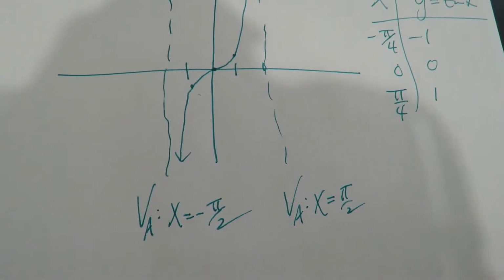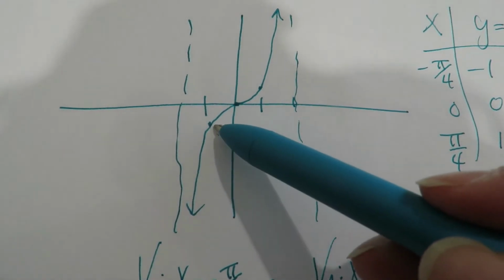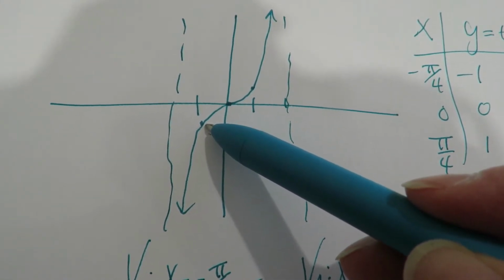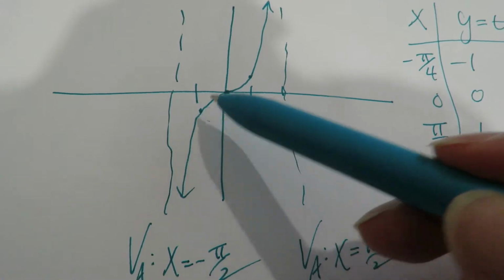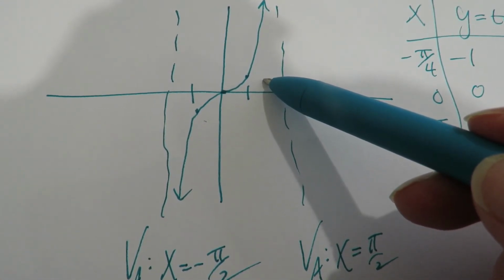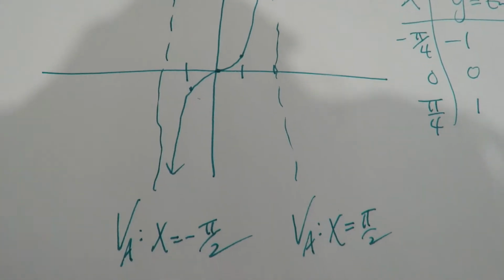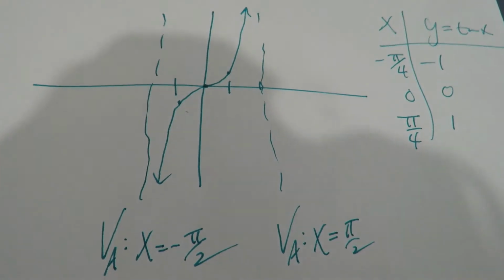So we've got VAs at negative pi over 2 and pi over 2. So kind of how you want to think about the table is at negative pi over 4, you have negative 1. You have 0, 0, and you have pi over 4, 1. If this would be the table I would suggest, and you just know that you have VAs at the ends.